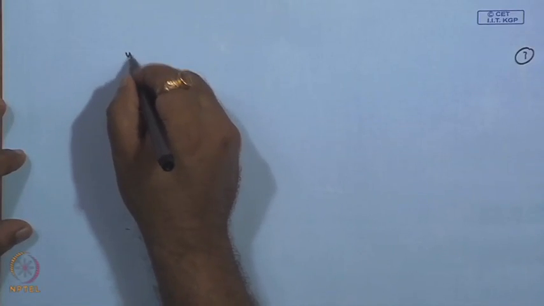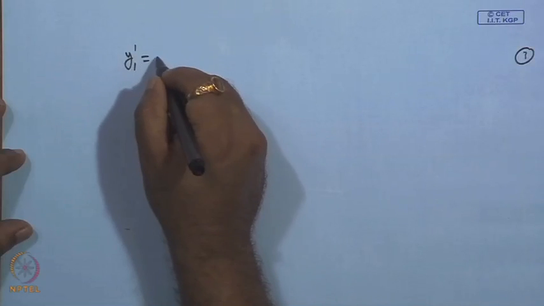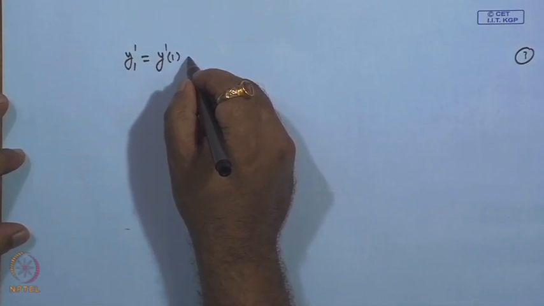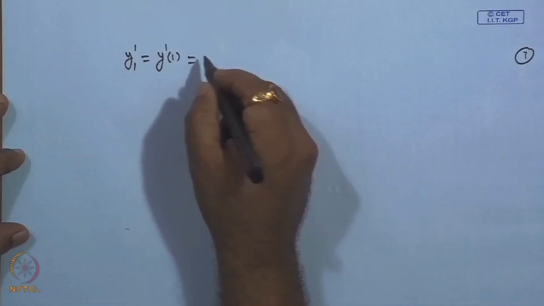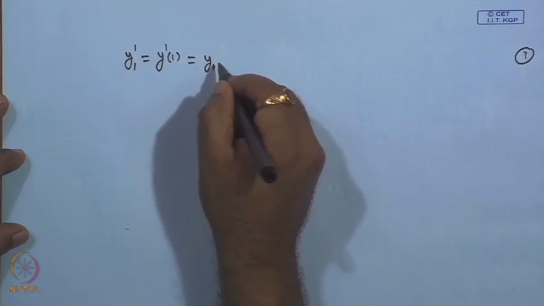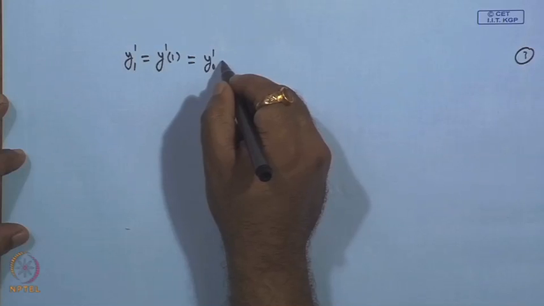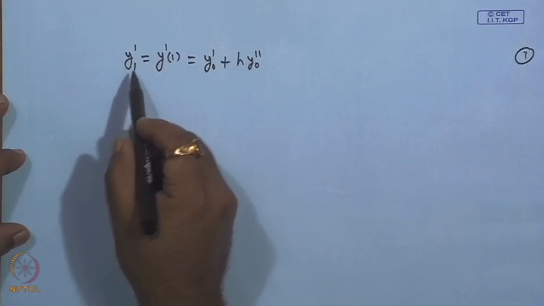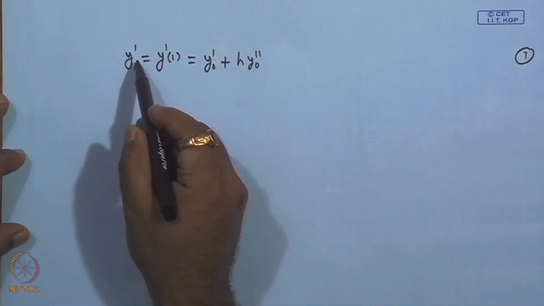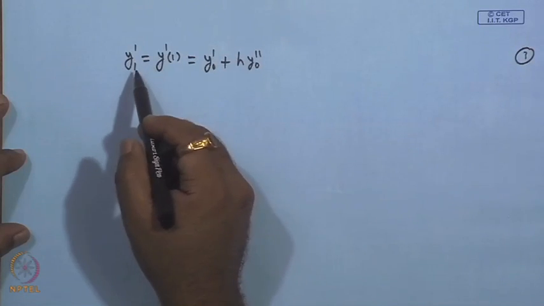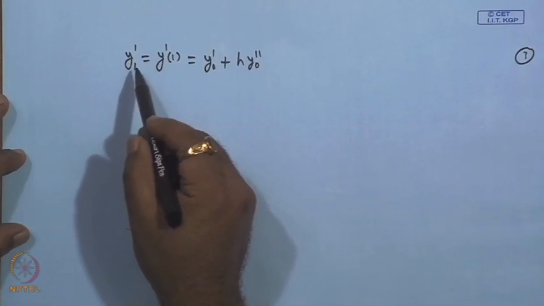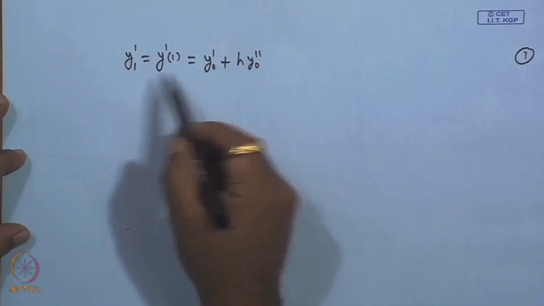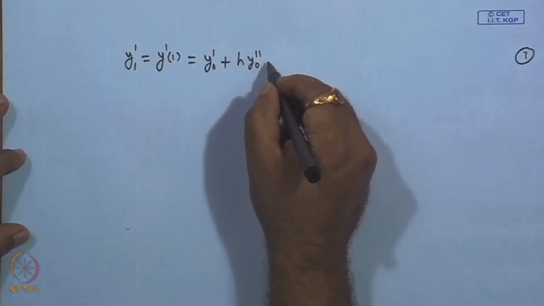So, y 1 prime equals y 0 prime plus ... Let y 1 prime equal z, then for z of 1 we write the series and replace it. Same thing we are doing.